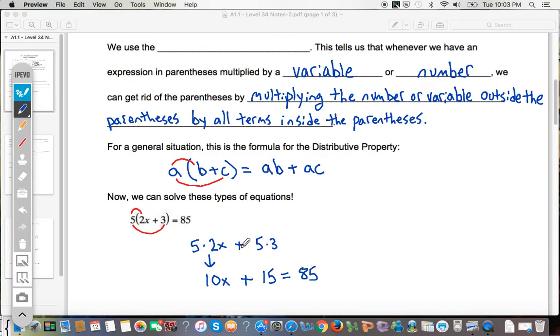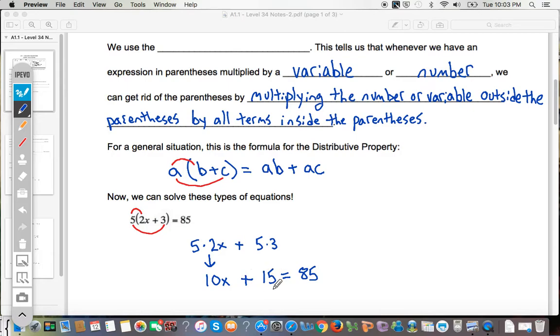Now that we're in level 3, we have level 3 problems, multiple steps. We're trying to break it down to a level 2 problem, such as this. So now we're going to break this down to a level 1 problem. Then we'll be able to solve using one step. Great. So, going back down here, if I did not have this plus 15 here, if I had 10x equals 85, I would know how to solve that.